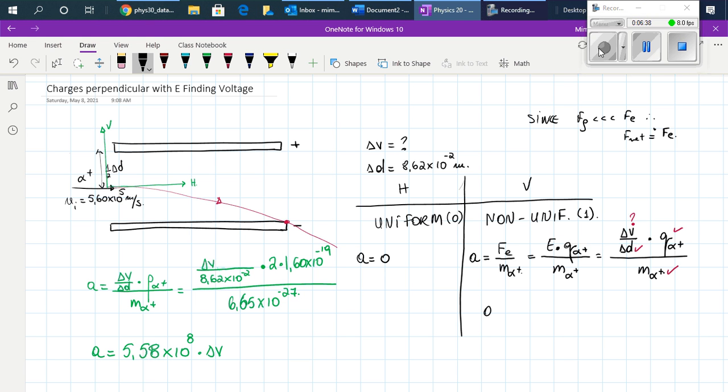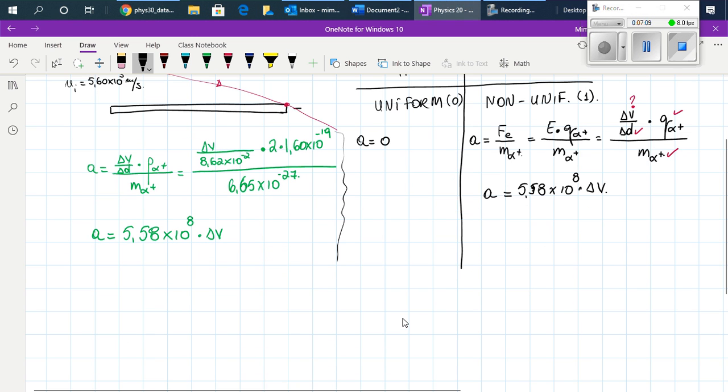So acceleration is now a function of the voltage, which is 5.58 times 10 to the power of 8 times delta V. Okay, so this will help us see better in terms of math what is the variable that we are looking for and which equation we have to use first. So let's move to the other quantities like velocity and displacement.